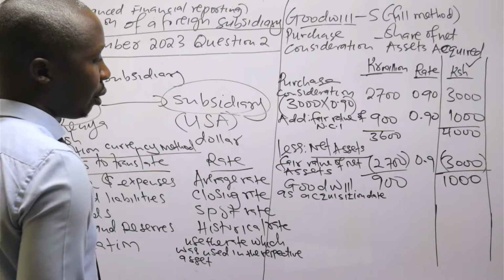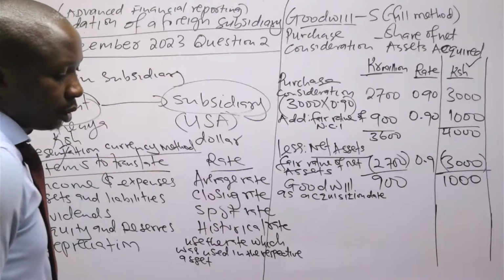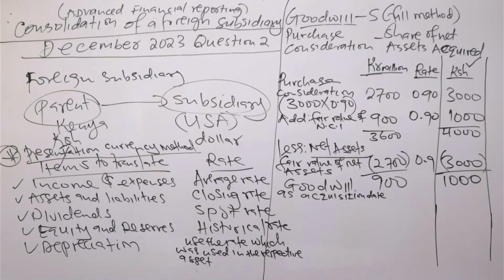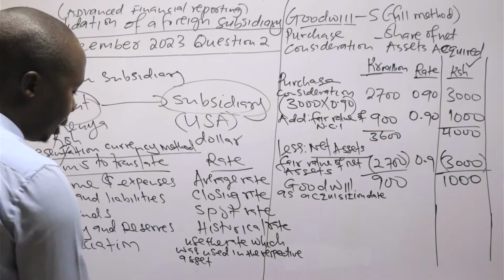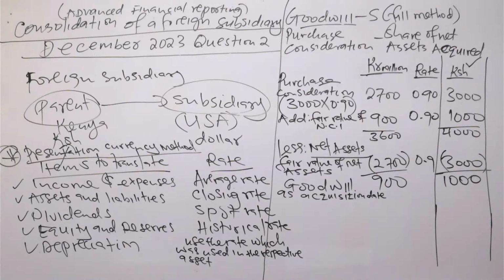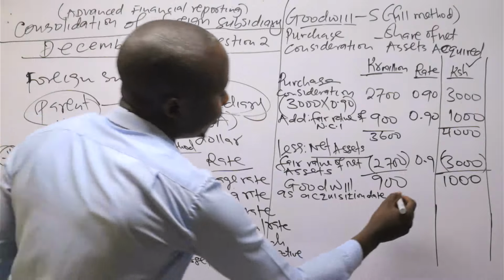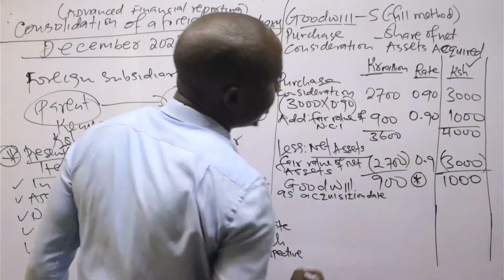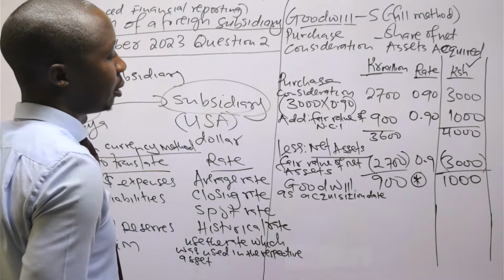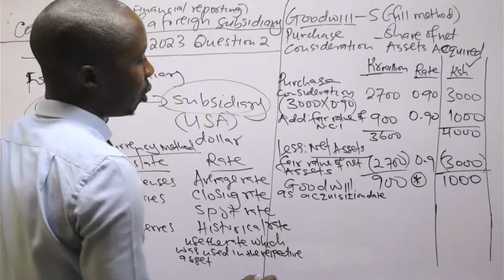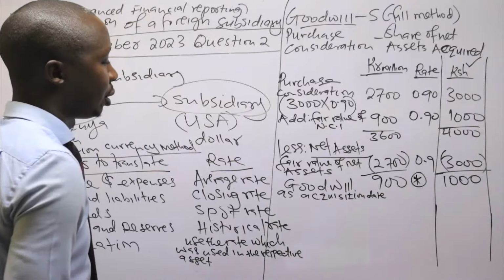So how would I be able to get the goodwill as at the balance sheet date? I will have to determine the goodwill as at the closing date, as at the balance sheet date.